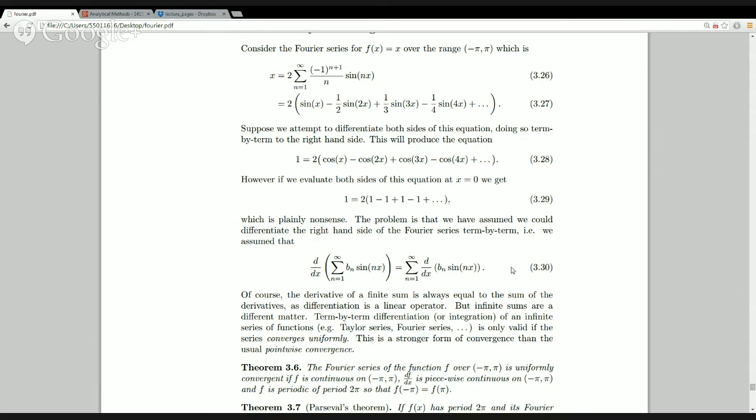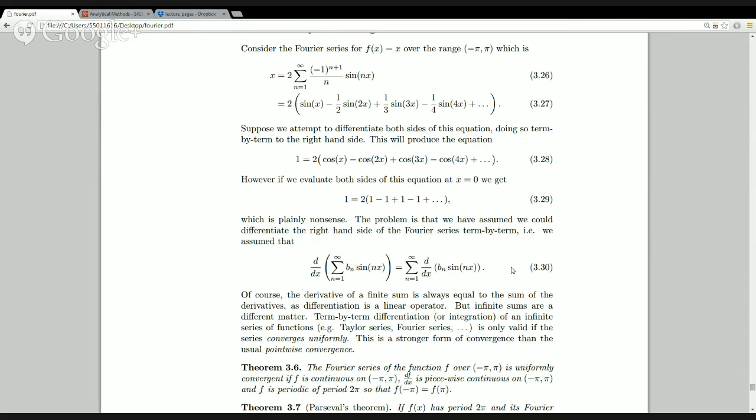But of course, you can't automatically extend that to infinite sums, because you will never reach an infinite sum by just repeatedly applying this fact about the linearity of the derivative of two functions. So it cannot simply be extended to infinite sums of functions.